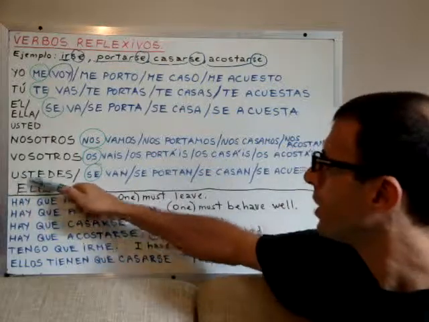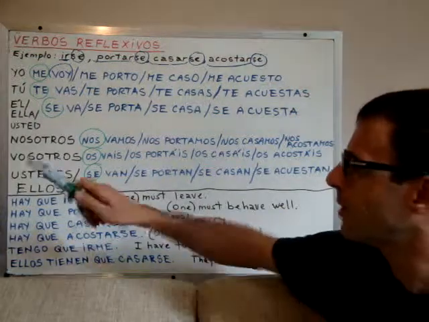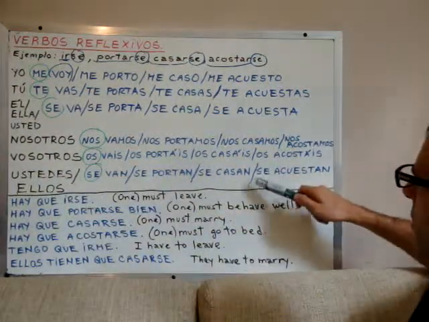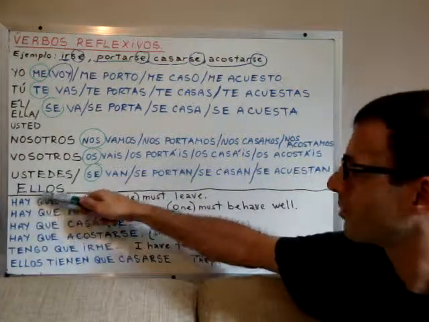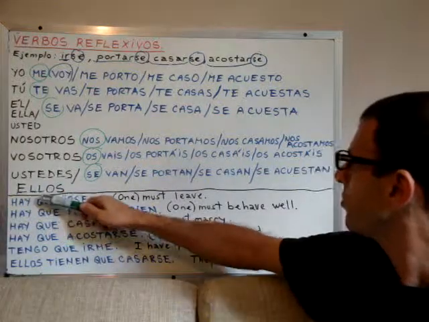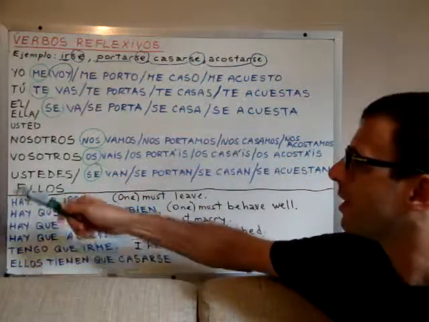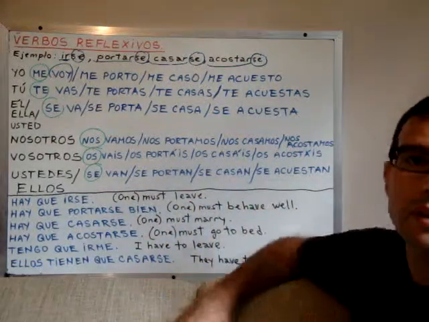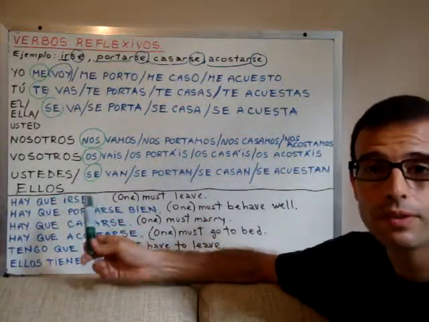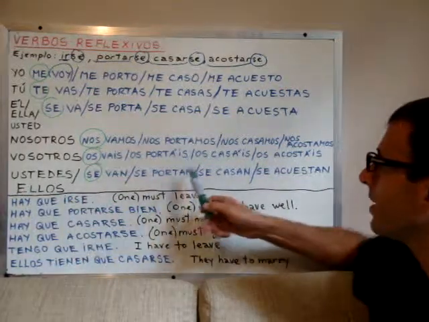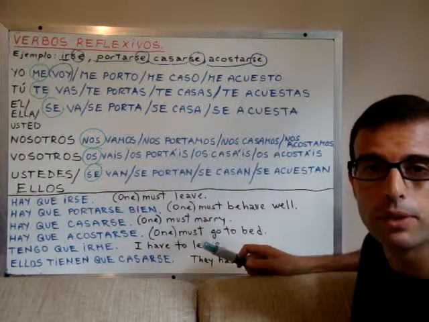Ustedes se acuestan muy tarde. That means you plural go to bed very late. Or ellos, ellos is they. Ellos se casan la semana que viene. They get married the next week. Or if we said this in the simple past, it would be ellos se casaron la semana pasada. That is, they got married last week.